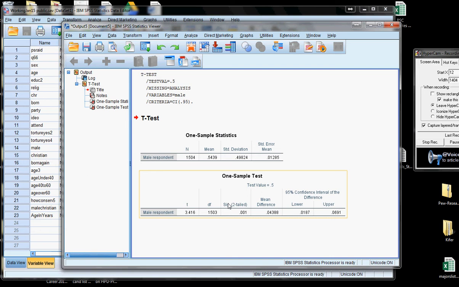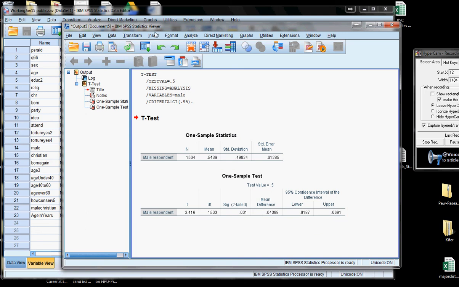One could imagine a sample in which respondents were asked to rate presidential candidates on a 0 to 100 scale, and let's say you're looking at one particular candidate and you find that the average rating given to that person was 54 points out of 100. You might ask yourself, is this statistically different than 50 points?